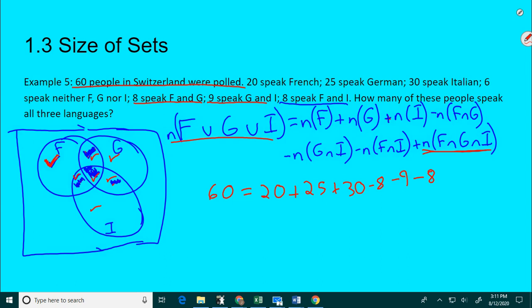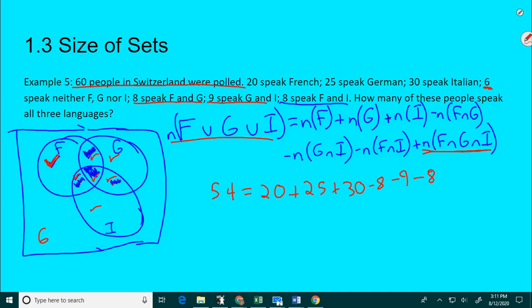Okay, I just noticed that I did give you the information about the 6 who spoke none of them, so actually this is not a 60. 6 is outside, so that is a 54. Okay, and then I've got all this.